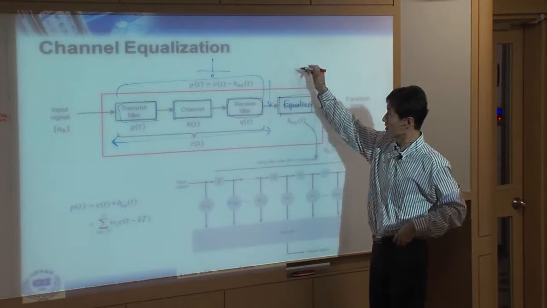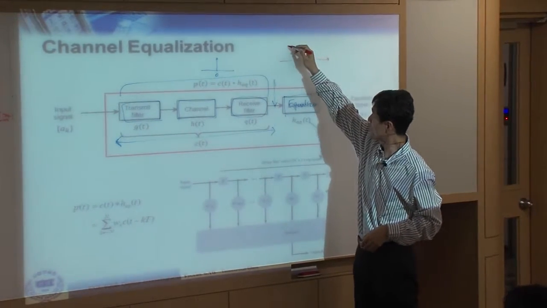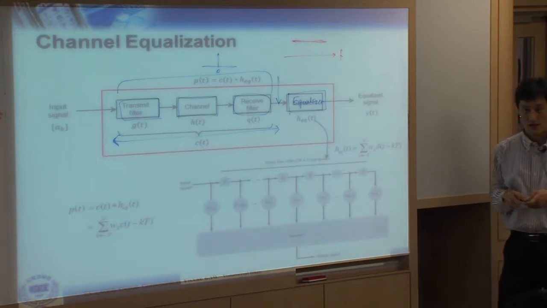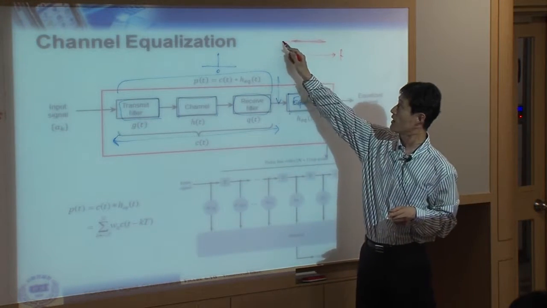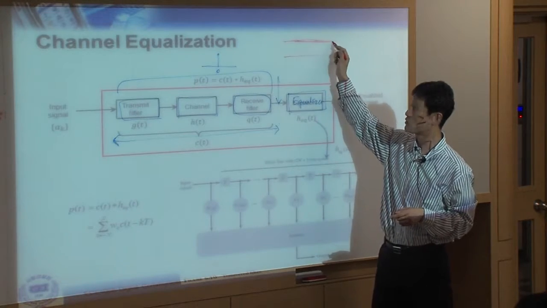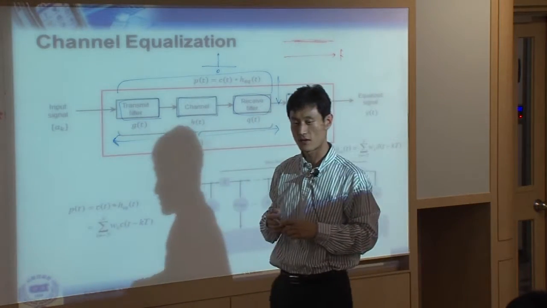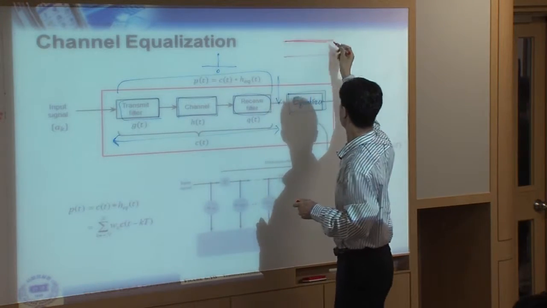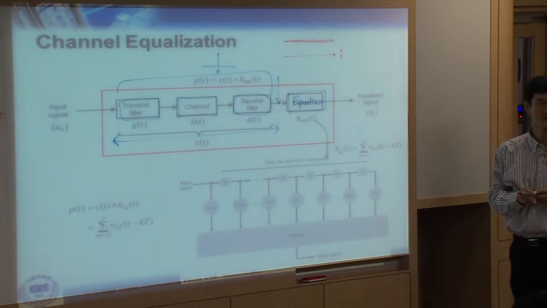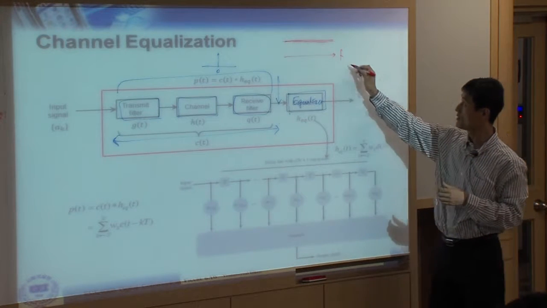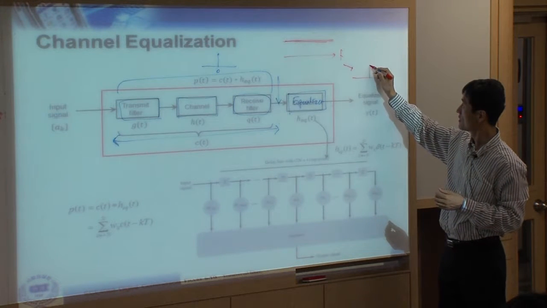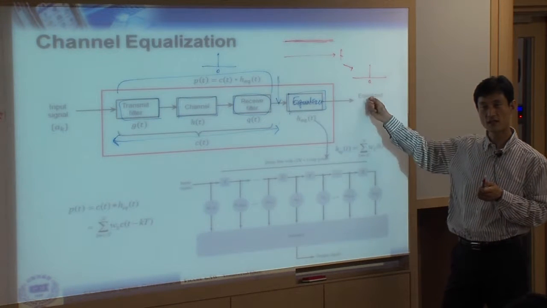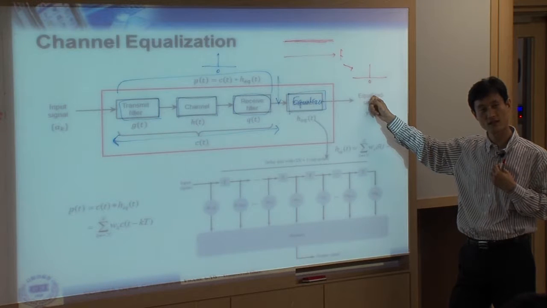So let's take a look at it. In our system, we are trying to equalize in the frequency domain. If we have a flat frequency response, what is our time domain response? The time domain response is going to be an impulse response. This is exactly what we are trying to make.